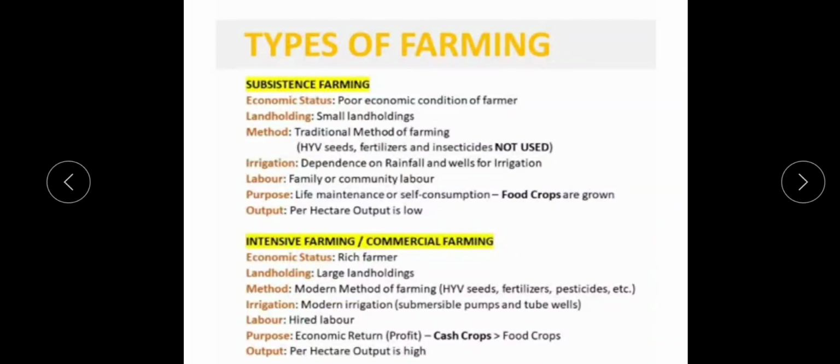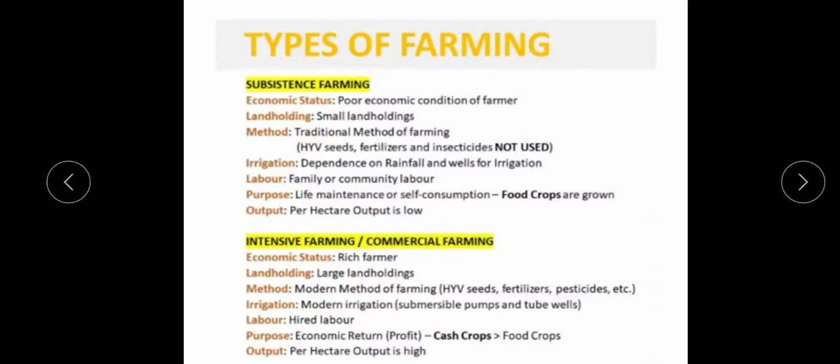As cash crops, areas shown under these crops has increased. In short, intensive farming is done using all mechanized tools, proper irrigation, chemical fertilizer, pesticides. Therefore it is known as intensive farming.